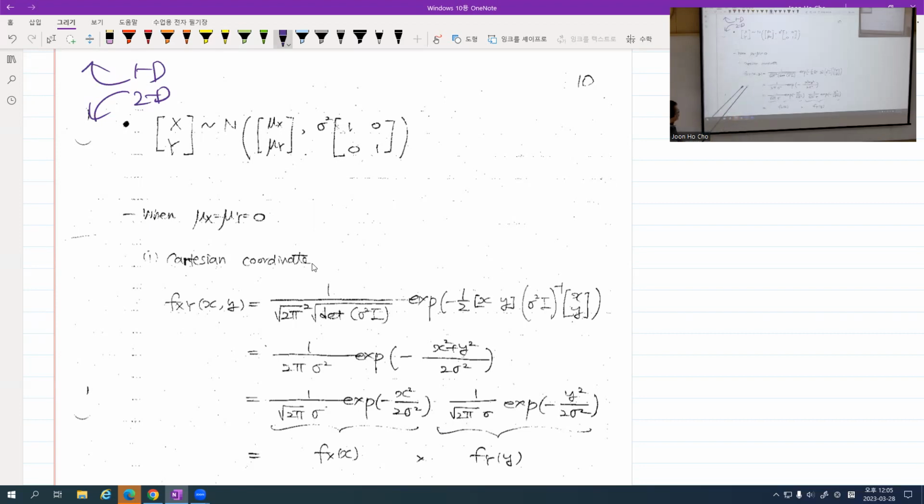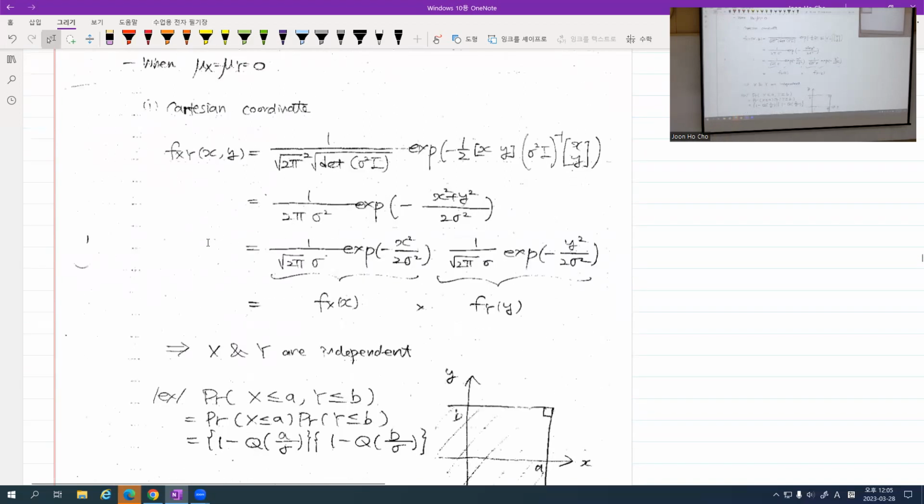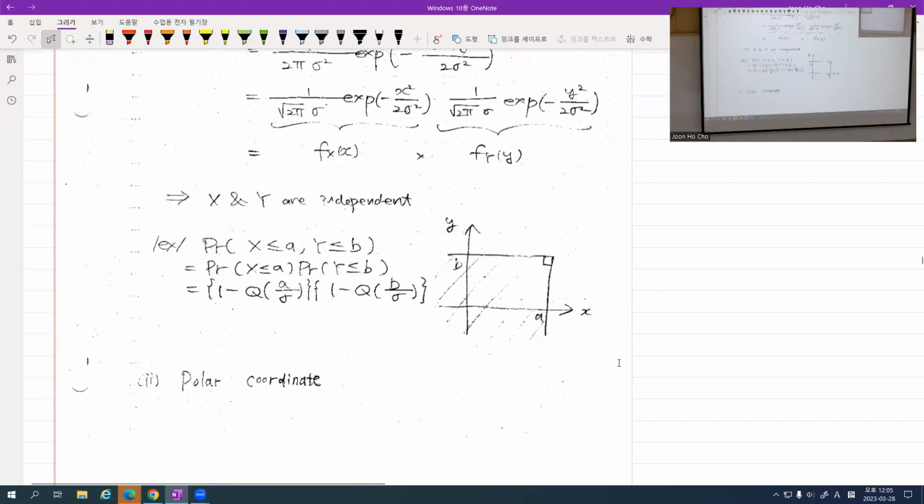And we are interested in some integration to find the probability. First, in Cartesian coordinates, the density of x and y factors, right? So if you want to find the probability of the event x less than or equal to a, y less than or equal to b, then as I always advise you, visualize. Okay? Whenever you see some algebraic or mathematical formula.